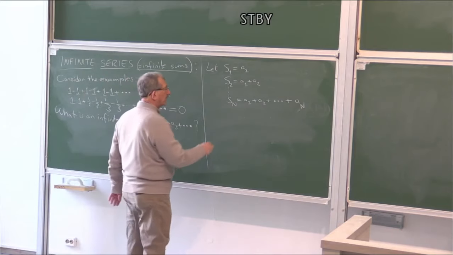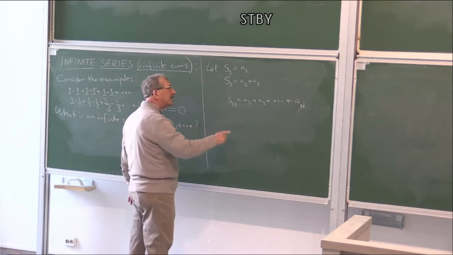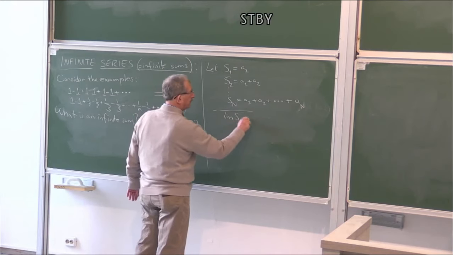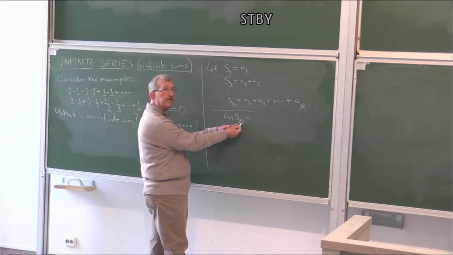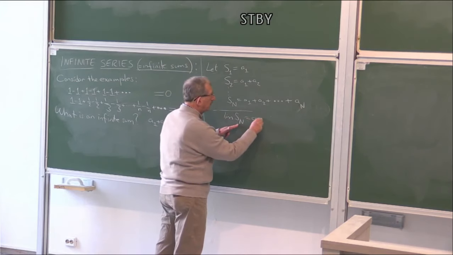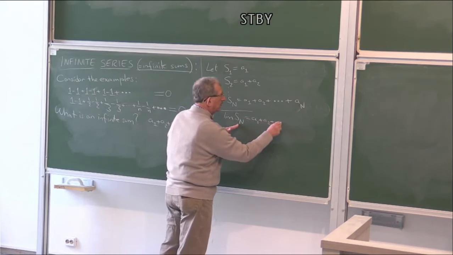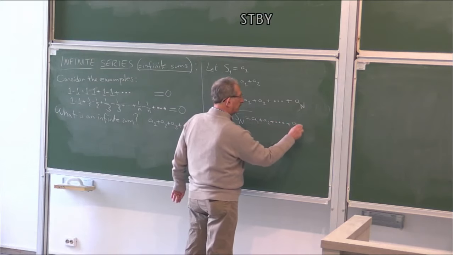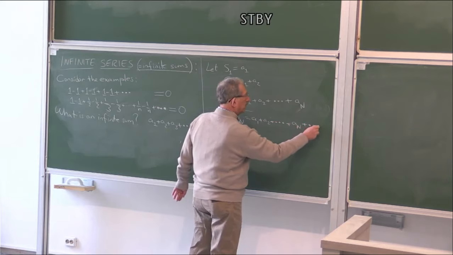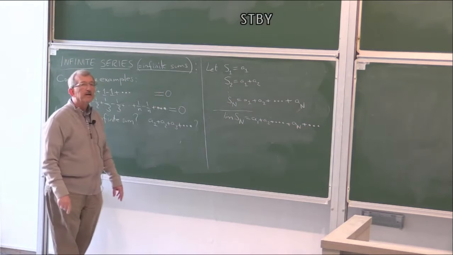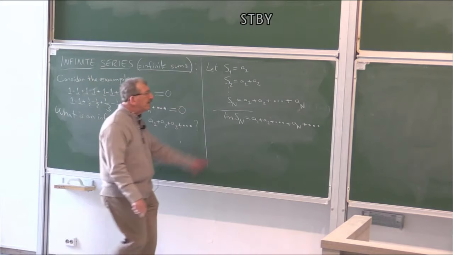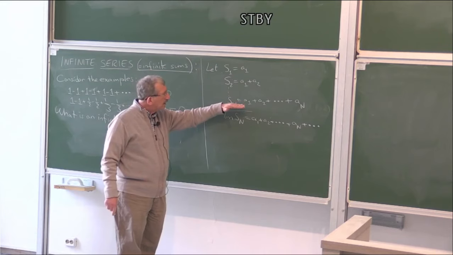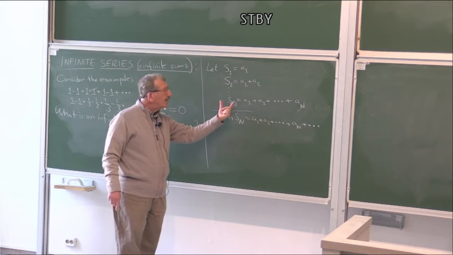And then define the infinite sum as the limit of Sn, which means that n goes to infinity, so we get an infinite sum. Such an infinite sum is the limit of the sequence Sn where we are adding up to it.